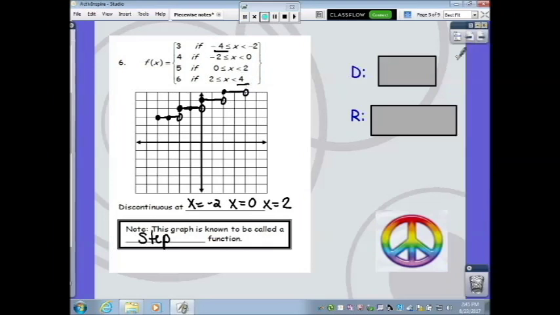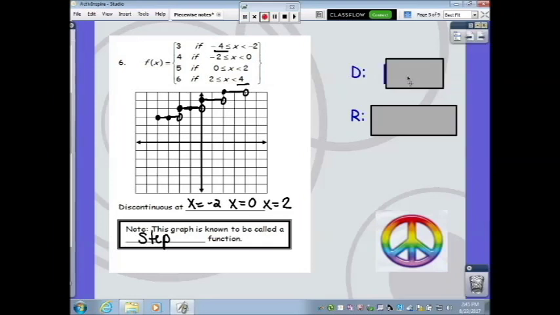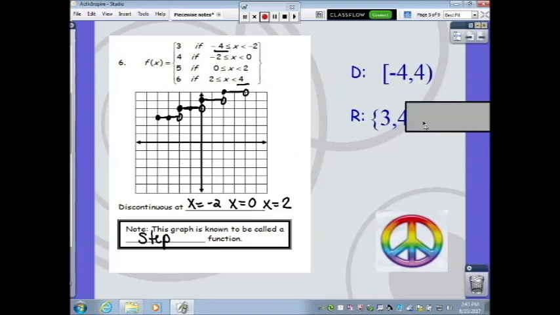So that means our domain is going to be closed bracket, negative 4 to 4, open bracket. And that's an interval notation. Now our range is different, a range of these individual points. So the range is going to be the set 3, 4, 5, and 6.